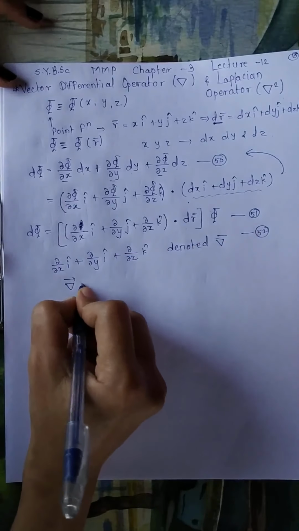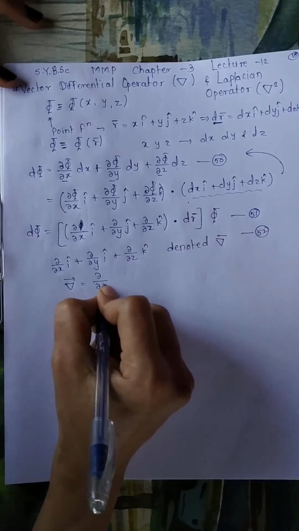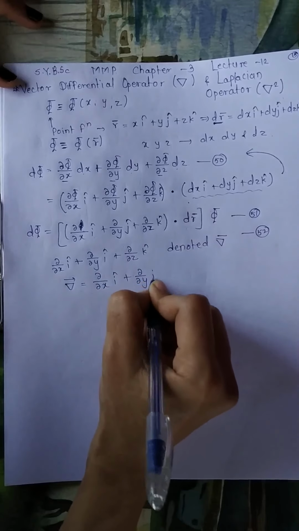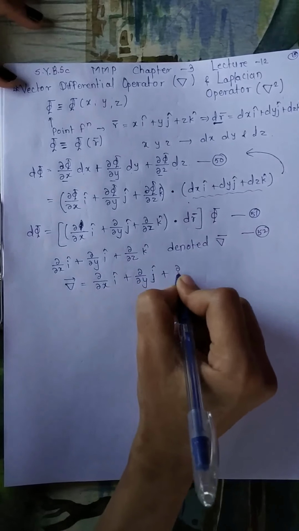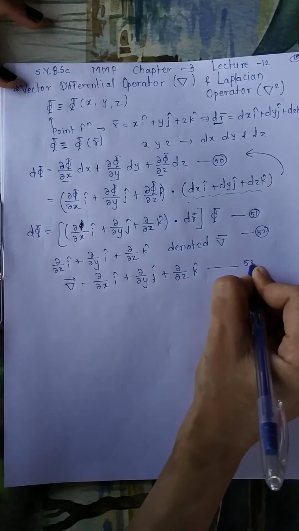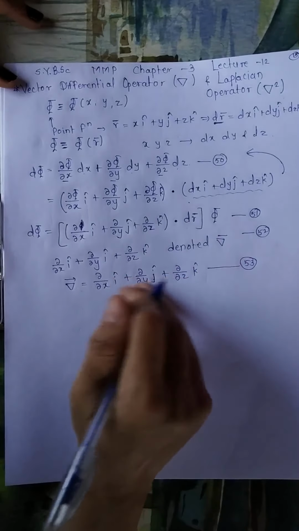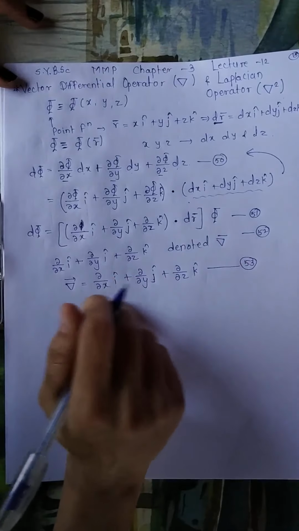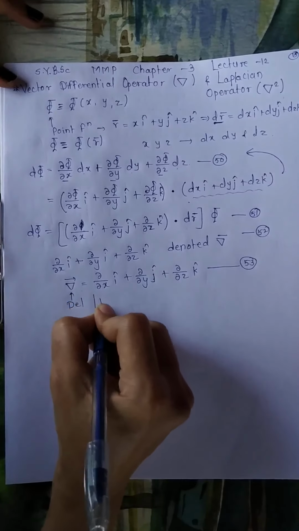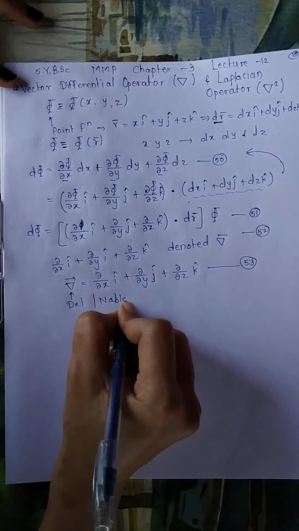Thus I can write del bar as dou by dou x i cap plus dou by dou y j cap plus dou by dou z k cap, and this is known as the del operator or nabla.